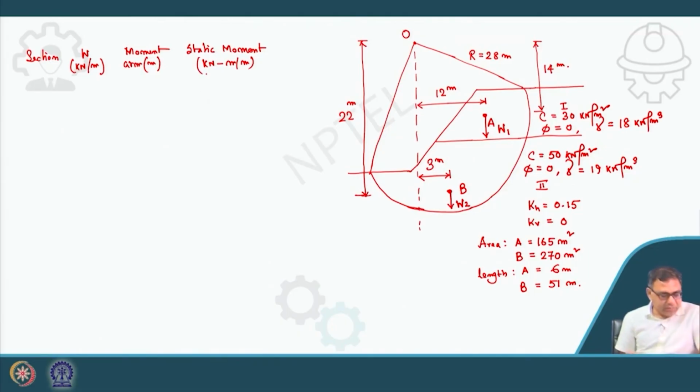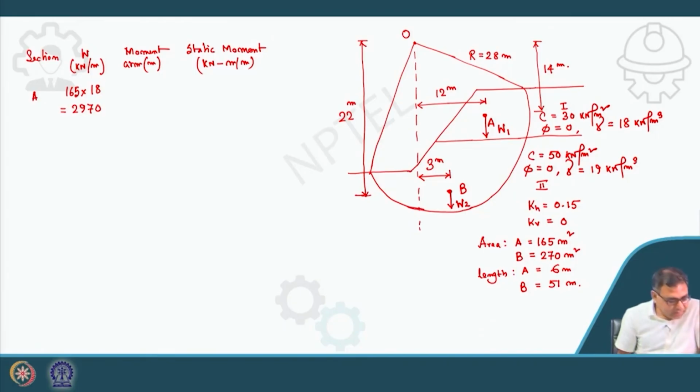For section A, how do I calculate W? Area is given, so this is 165 into the unit weight. Unit weight is 18. So that is 2970 kilonewton per meter, the weight of section A, the failure mass in layer 1.